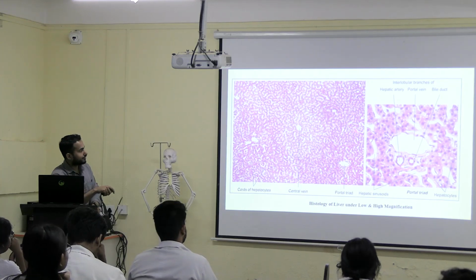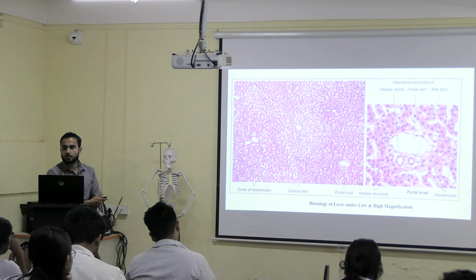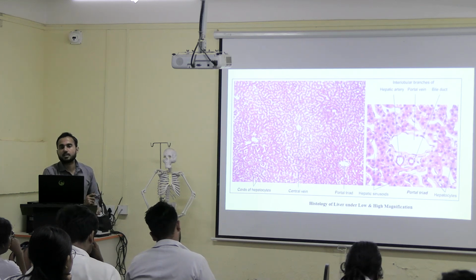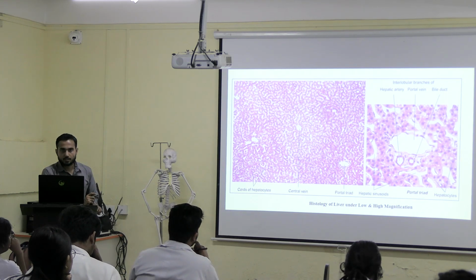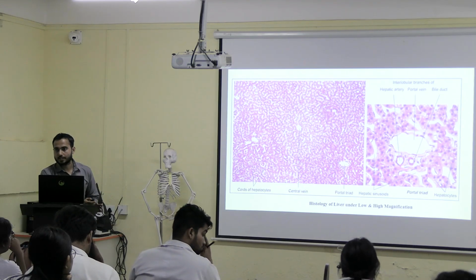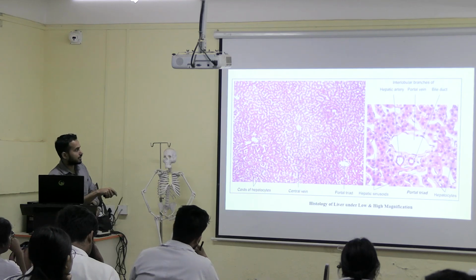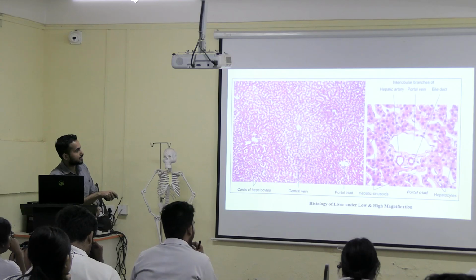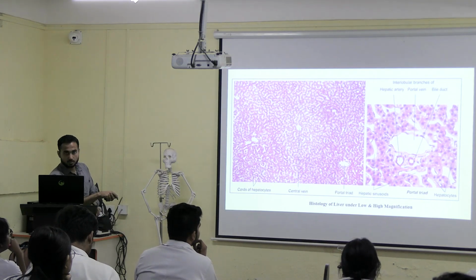Now if you zoom further, only then will you be able to distinguish between the structures of the portal tract. Under 10x it is very difficult to distinguish the structures of the portal tract. So under 40x it will appear like this. See, these are the structures of the portal tract. You can see the hepatic artery, the portal vein and the bile duct.